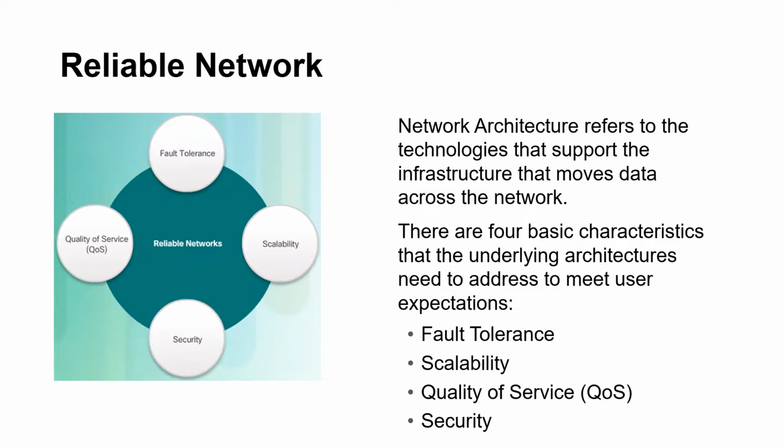For a network to be reliable, it should have fault tolerance, scalability, QoS or quality of service, and security. A network that is fault tolerant limits the impact of failure by limiting the number of affected devices. Multiple paths are required for fault tolerance.